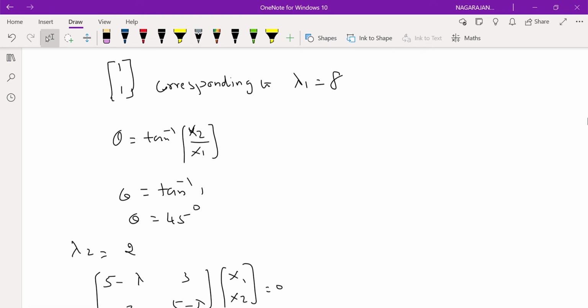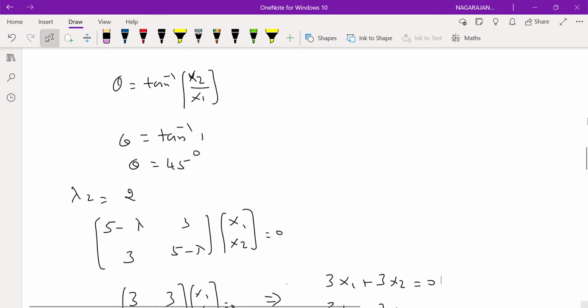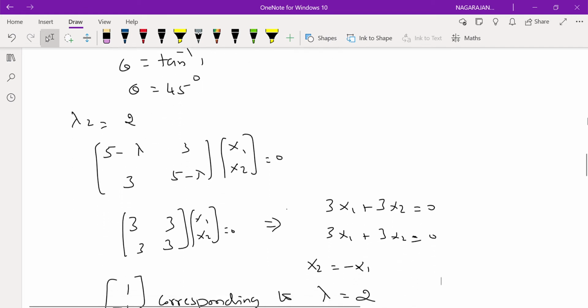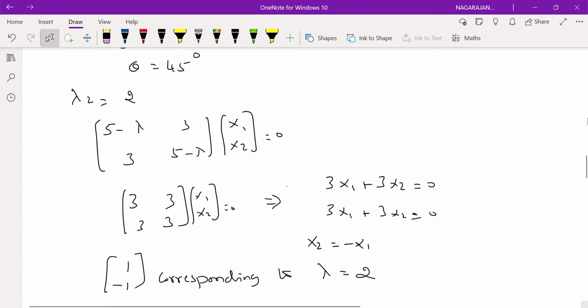Now we have to find the eigenvector for the second eigenvalue. Lambda equal to 2: 5 minus 2, 3, so 3, 3, 3, 3, times x1, x2, and we get the same equations. In this case x2 equal to minus x1.